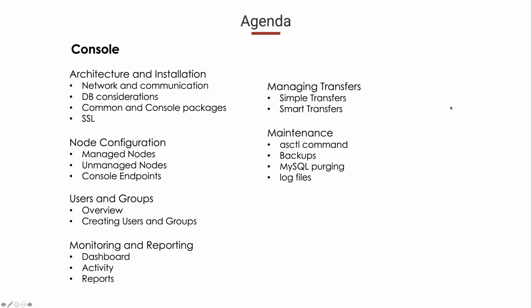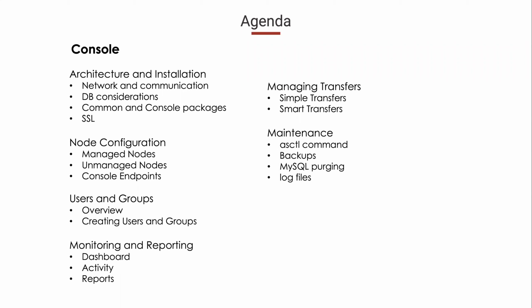Take a quick look at the agenda for today's session. We've got a few different things around Aspera Console that we'll be covering: the architecture and installation around this, configuring nodes, and a node in this context is really just an Aspera server that we have some sort of access to. There's a few different types of nodes.